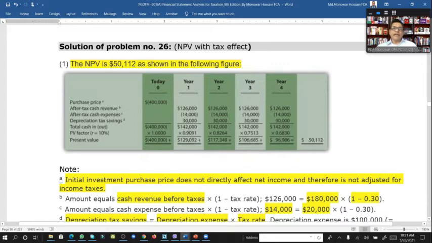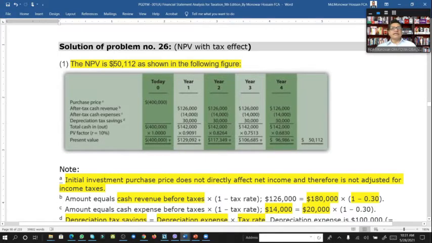If we add all present values from year 0 to 4, we get a positive 50,112. This is the net present value.